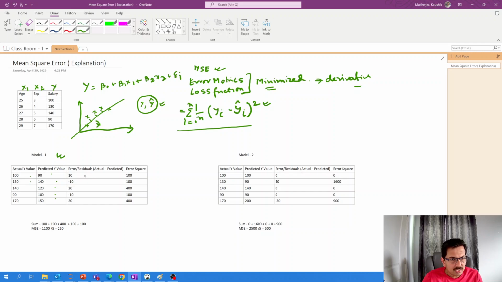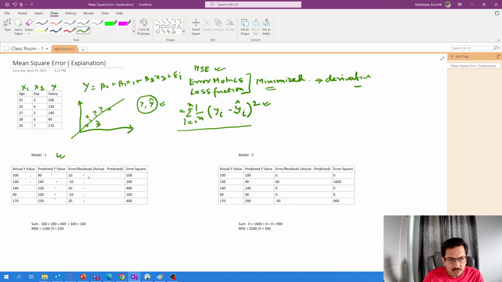So the errors, or residuals, come to 10, minus 20, 20, minus 20, and 20. If you just sum these, you will not get the right answer, because the plus and minus signs cancel out, and you will finally get about 30.